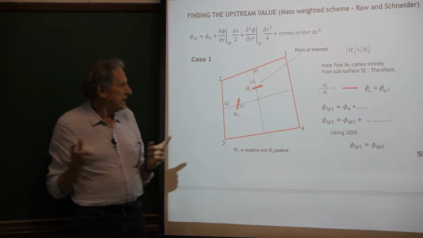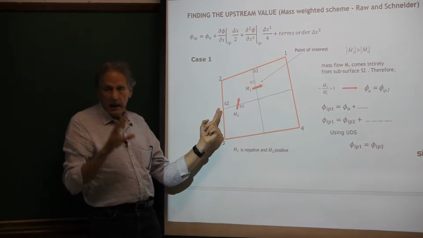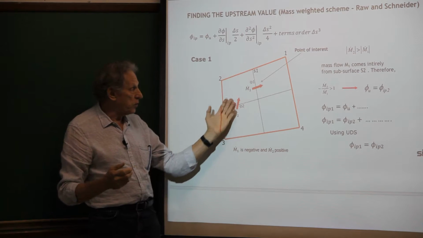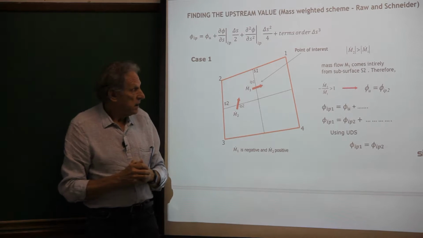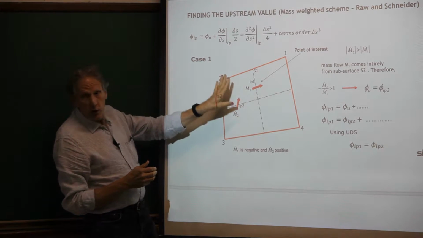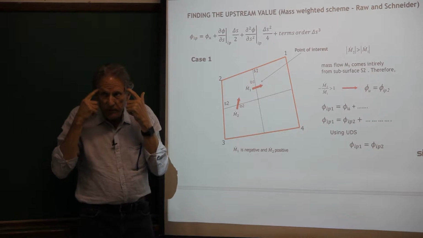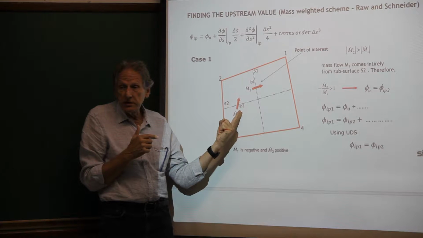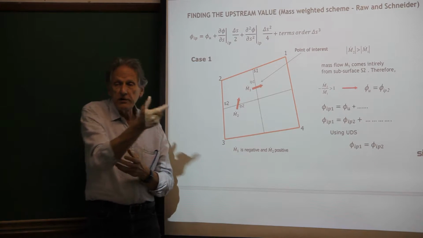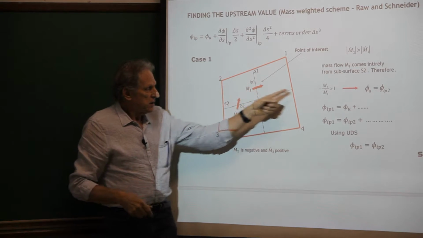What that means? That means that the mass flow which crosses here, part of this mass flow is going there in the subsurface S1, and part is going the other direction. But that's obvious then, that the IP2 point is what offers the information which comes upstream in this point.